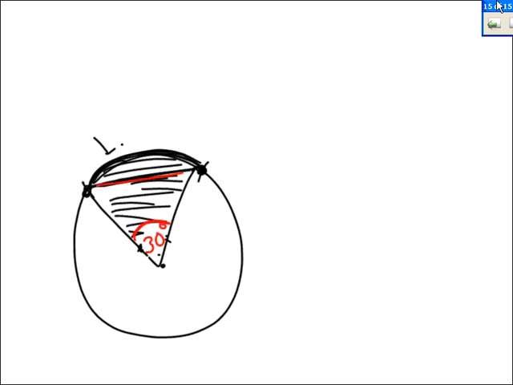Or you can figure out this distance for a 30-degree angle with the given radius. You can figure out that distance, and you can say, I want a slice that has this chord, and with pencil and paper, they'll give you the same slice. Or you can say, I want the arc to be 30 degrees. They all correspond to the same slice.